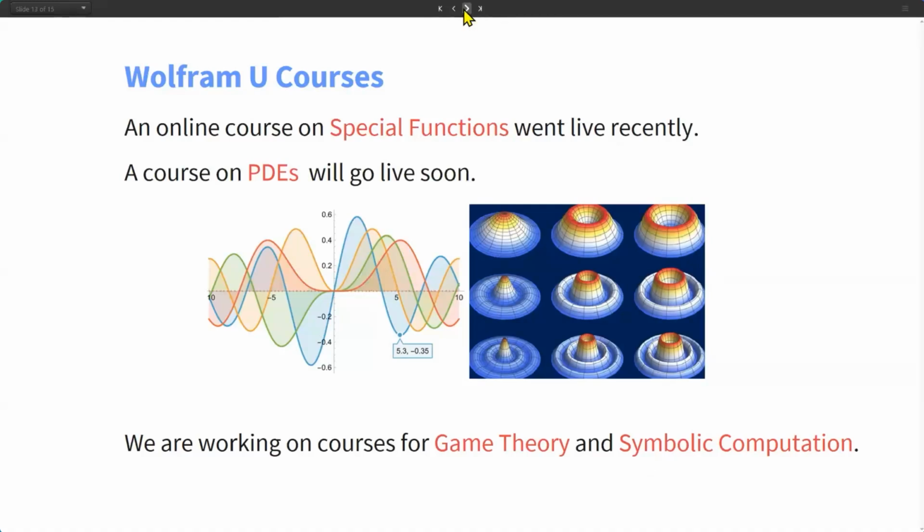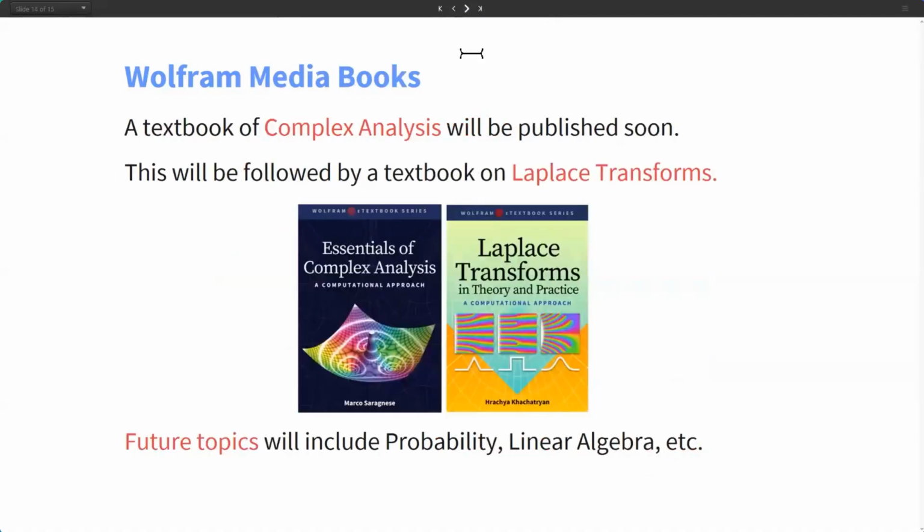And finally, I'd like to talk about our book endeavors. This is something that's going on in several teams in R&D, but we're hoping to publish a book on complex analysis very soon based on the course in Wolfram U, and then a book on Laplace transforms. Those two are very closely related, of course, but I think they'll be a nice computational approach to these topics.